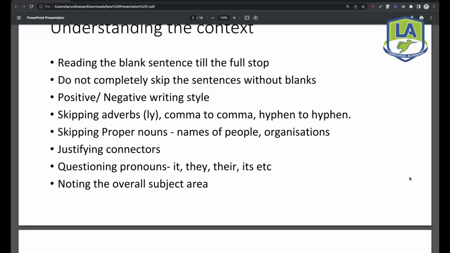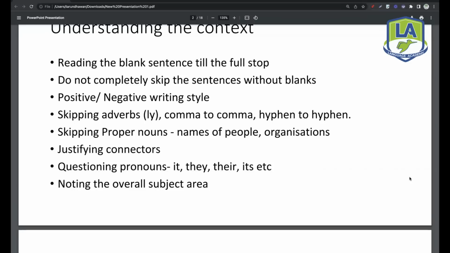And at the end, note the overall subject area. There are questions which particularly belong to a certain field or domain. For example, there can be a question from the medical domain, and there can be a question from the engineering domain. So the choice of answers and the choice of vocabulary that we use to solve those kinds of questions can only be made if we keep that domain in mind.